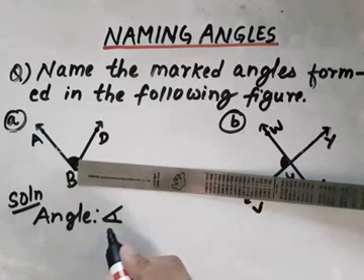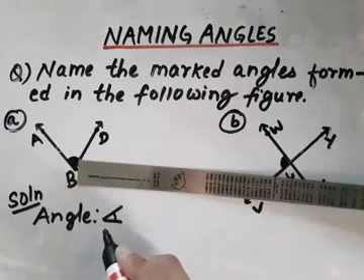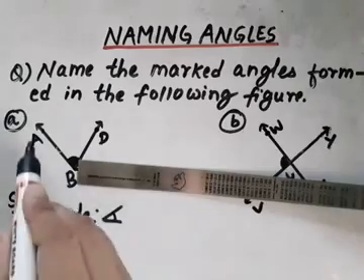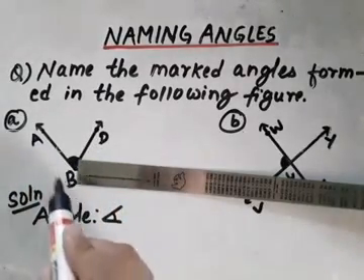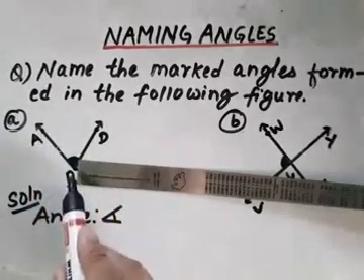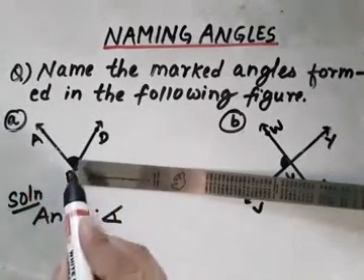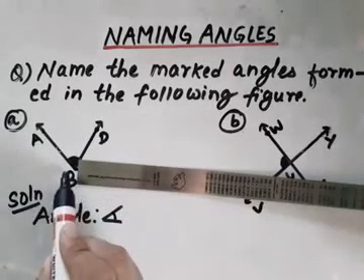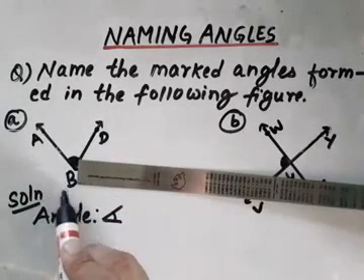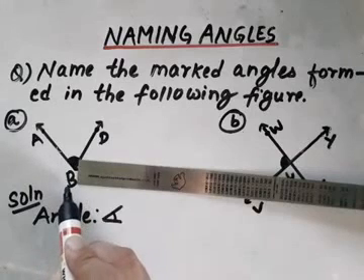Now you are supposed to name all the letters in capital, and the very important thing is that the vertex must lie in the middle. So students, as you can see, vertex is the meeting point of the two arms. So you can see AB and BD, they have met at point B. So here vertex is your B. So vertex B must lie in the middle.